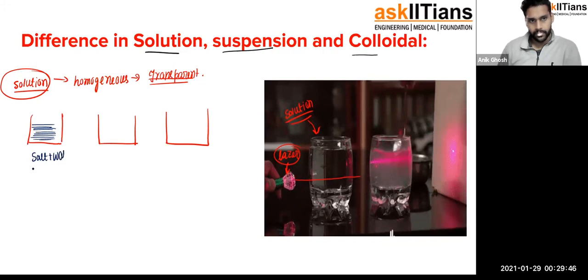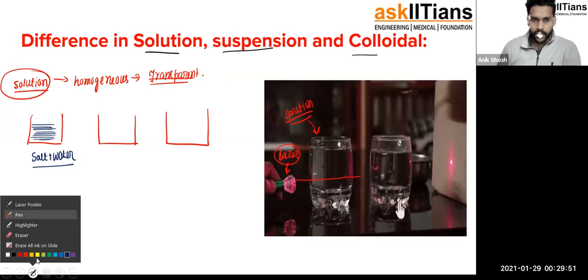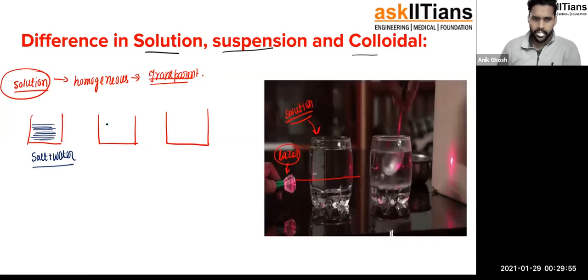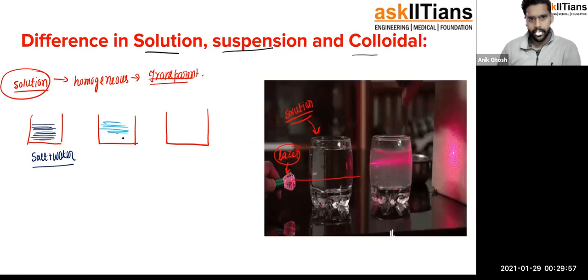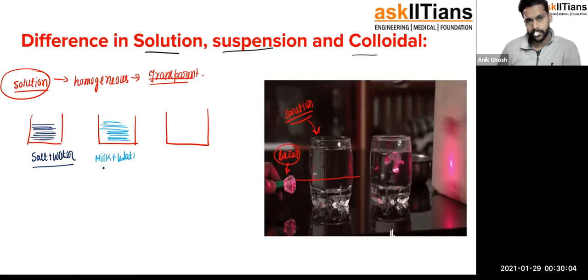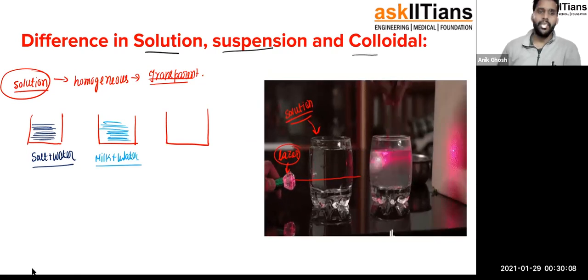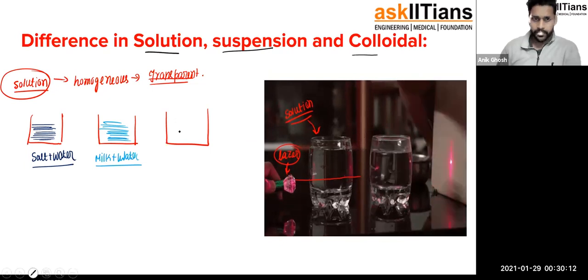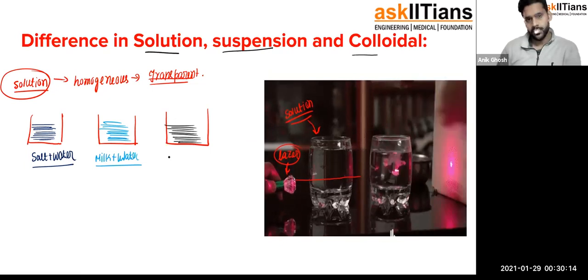Okay, another beaker over here, let's just say it is containing milk and water. And there is another solution over there that is containing mud plus water.